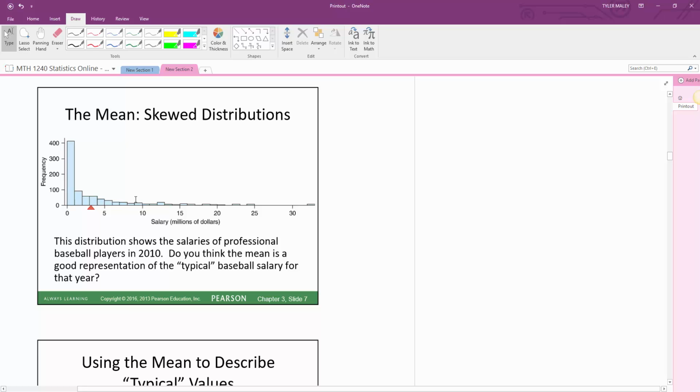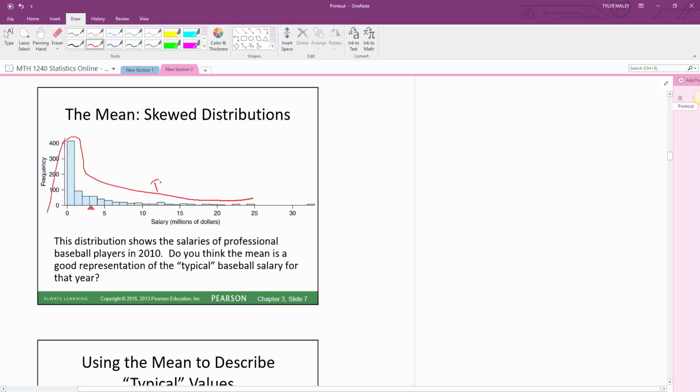So here we're looking at the mean, but with skewed distributions. We can see here with this histogram, we have an example of a right skewed graph. So we have this overall shape of the distribution.